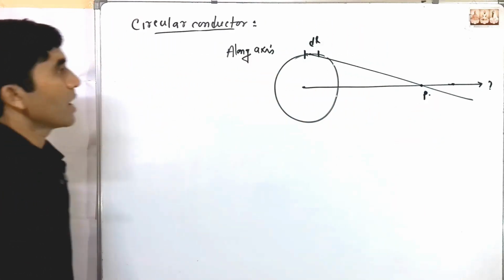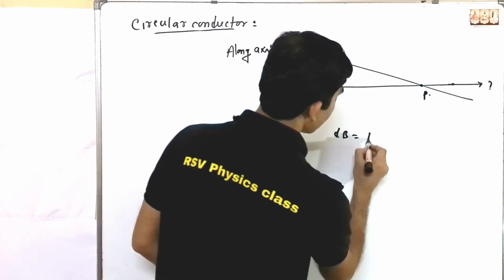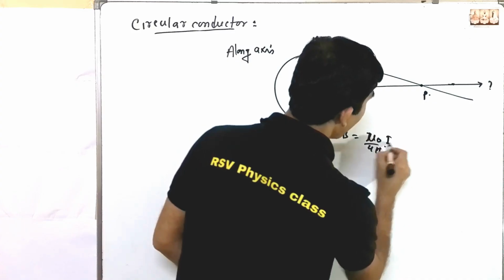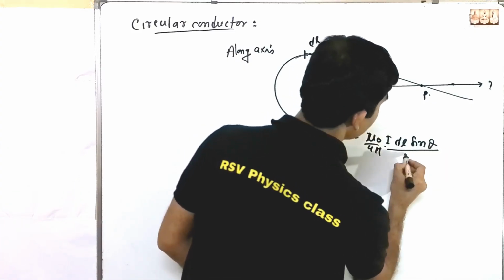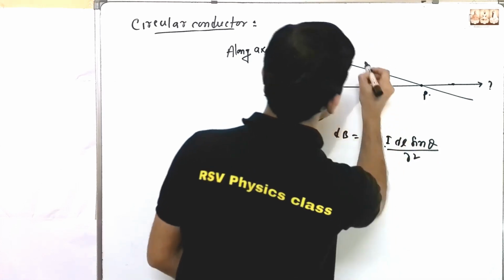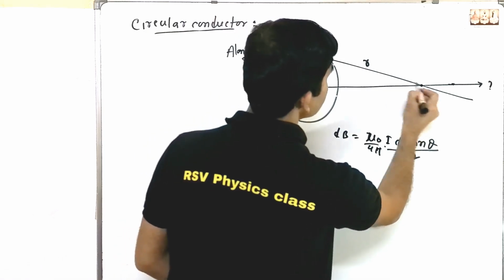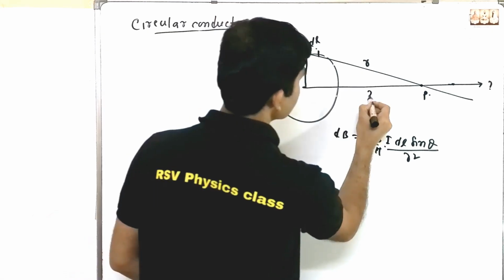So dB equals again mu 0 by 4 pi I dl sin theta over r square. This is your r and this is your dl, and this is the r distance. So this loop is having radius r, and this is x.